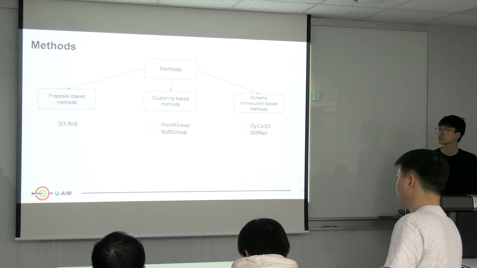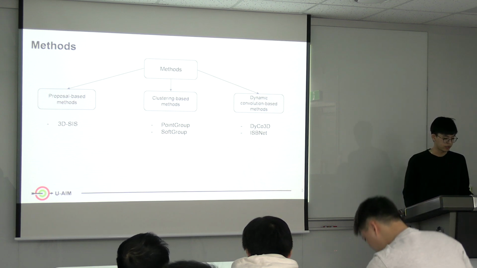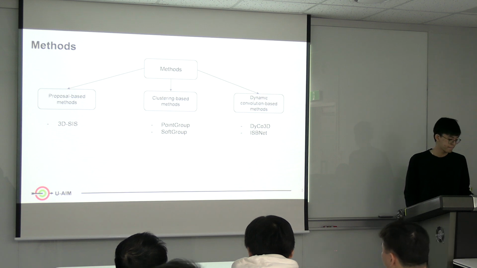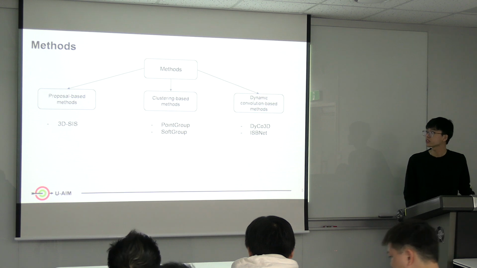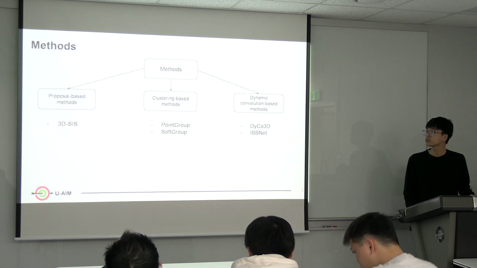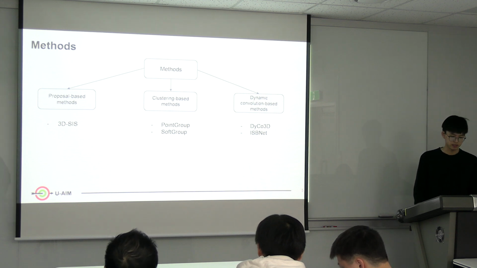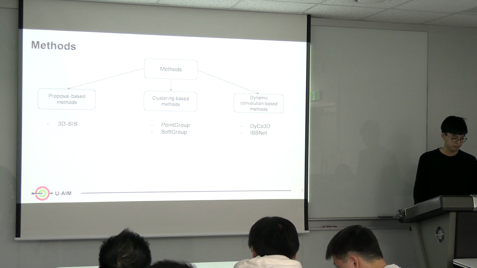About the methods, we have three main approaches, and I will introduce them in this presentation. The first is the proposal-based method. The second is the clustering-based method, and the final is the dynamic convolution-based method. In each method, I will present one or two main papers.